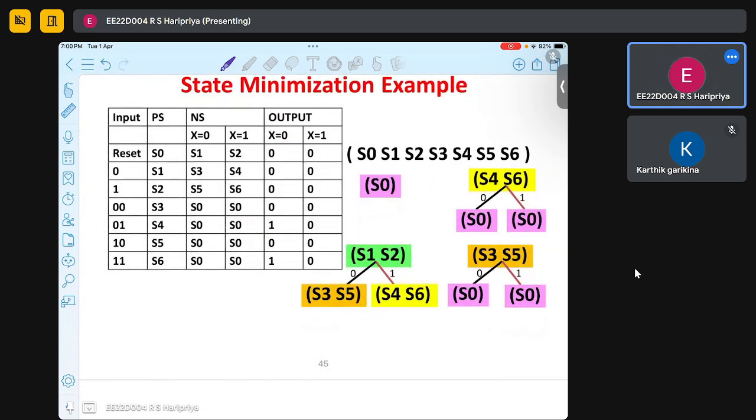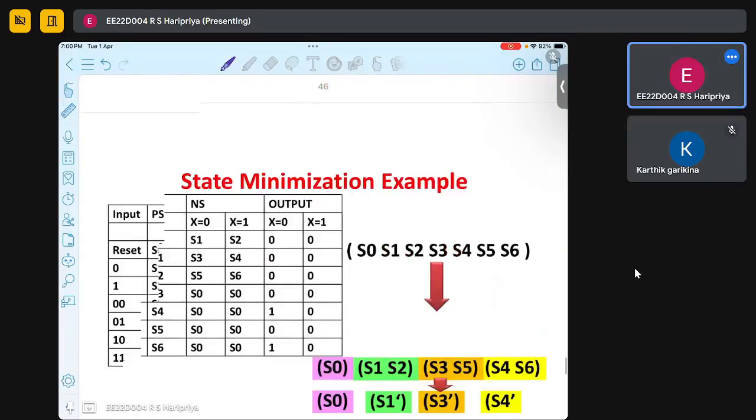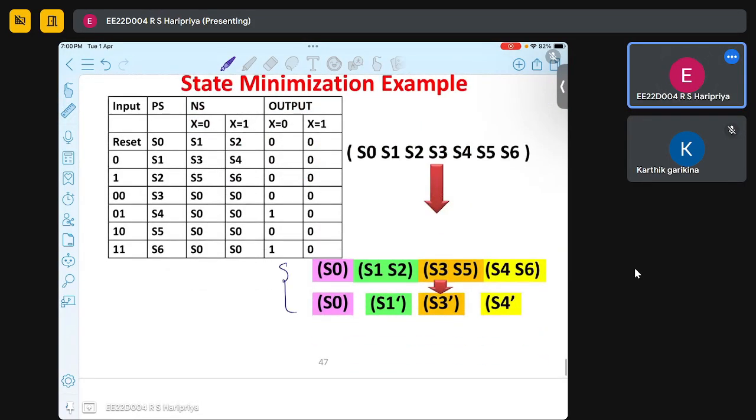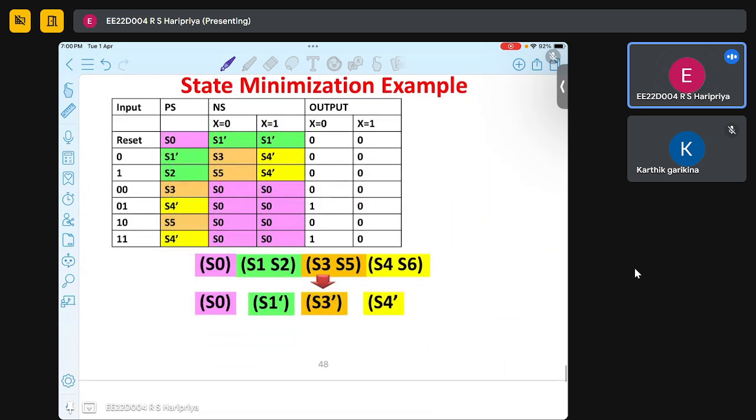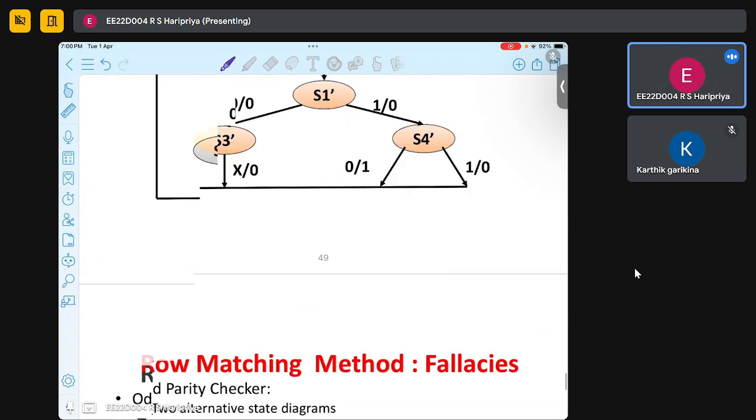Again, this and they are from the same set. This is also the same. That means no further partitioning is possible. So this is the reduced, minimized state table and the minimized expression.